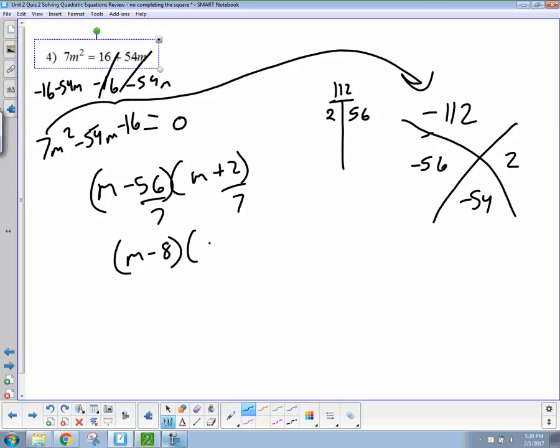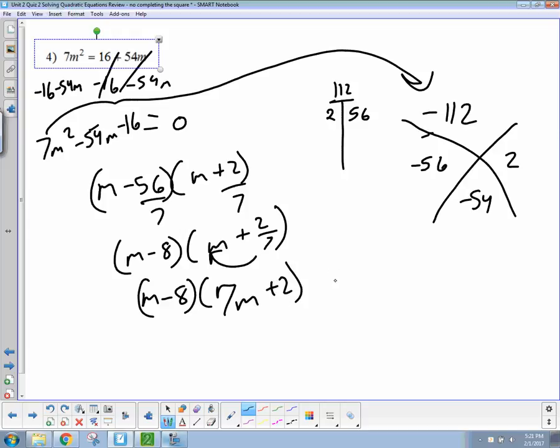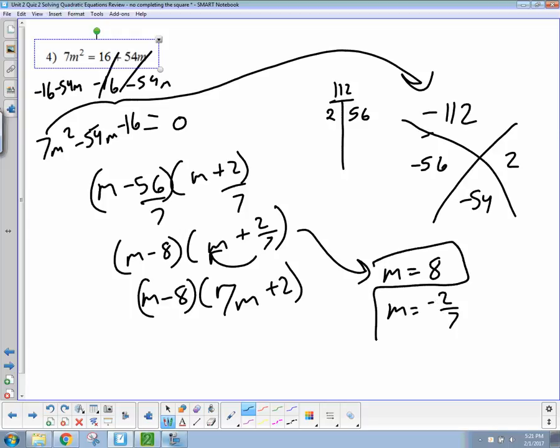This one doesn't reduce anymore, so bottoms up, m minus 8, 7m plus 2, and I'm sorry I'm racing through this, I'm just trying to get to church real quick. As always, that's if you're factoring, but if you skip and go straight to pulling out the opposites, we get 8 and negative 2 over 7. Boom.